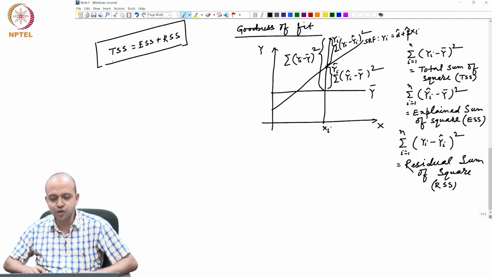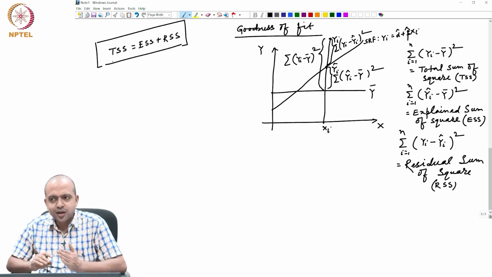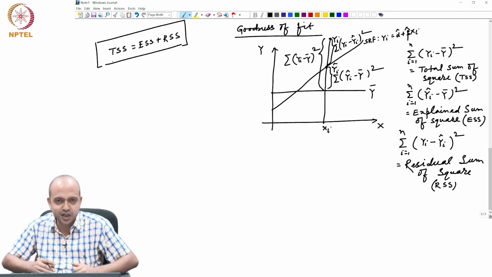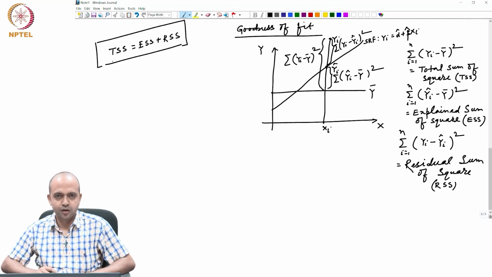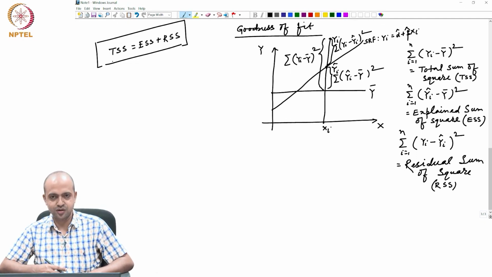Our total variation was summation yi minus y bar whole square. Out of this total variation, how much am I able to explain? yi hat minus y bar. Now, if I take a percentage of total variation in yi that is explained by the model, a proportion of ESS with respect to total sum of square TSS is actually the goodness of fit.